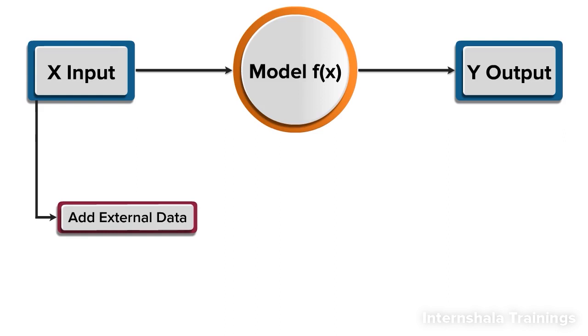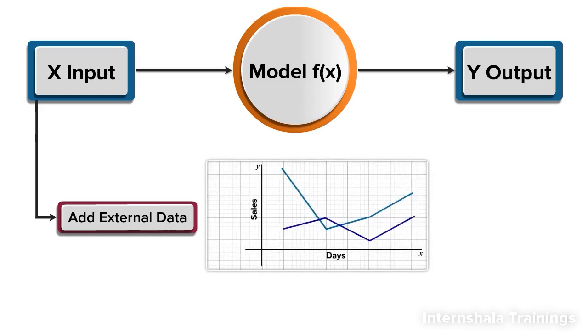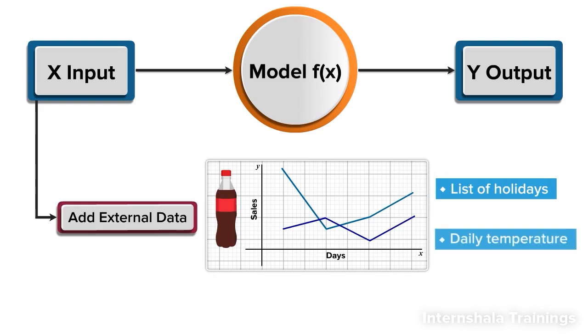predictions. For example, if we are trying to predict the daily sales of a product, let's say some cold drink in your college campus, you have the given data of list of holidays, daily temperature and so on for the past sales, and using that you need to estimate the sales for the next 10 days. In this case, introducing a feature about list of holidays for the next 10 days may help to estimate the sales more correctly.